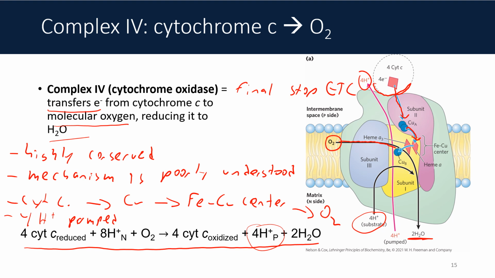Why do you think complex 4 insists on binding cytochrome C and not coenzyme Q and not NADH or FADH2? There's no binding pocket for either of these electron shuttles. No binding pocket. And that is intentional.